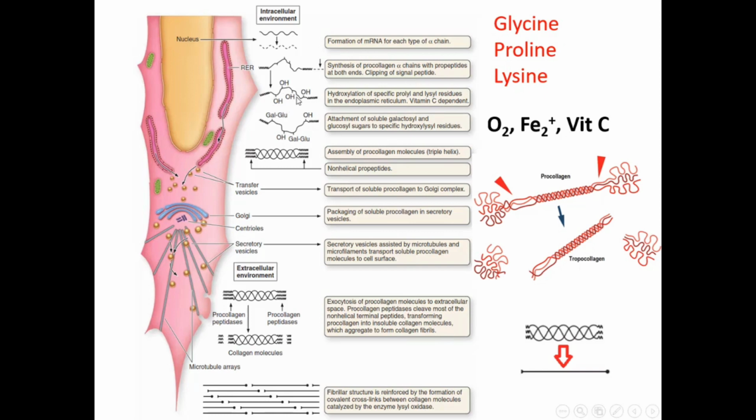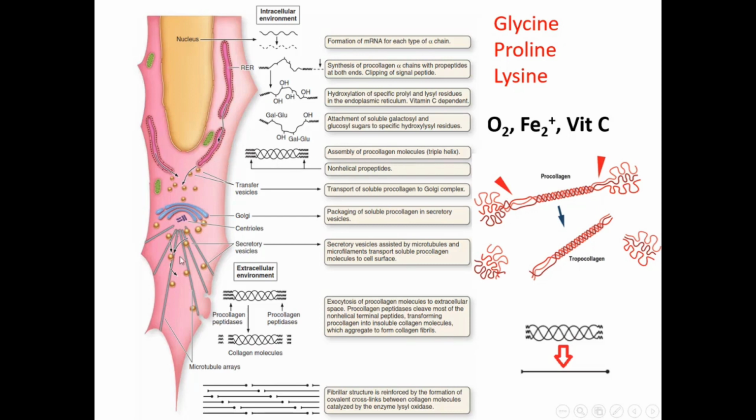The next step is the glycosylation, adding sugar to some hydroxylysines. And after glycosylation, we have the twisting of three of these alpha chains together, making procollagen molecules.